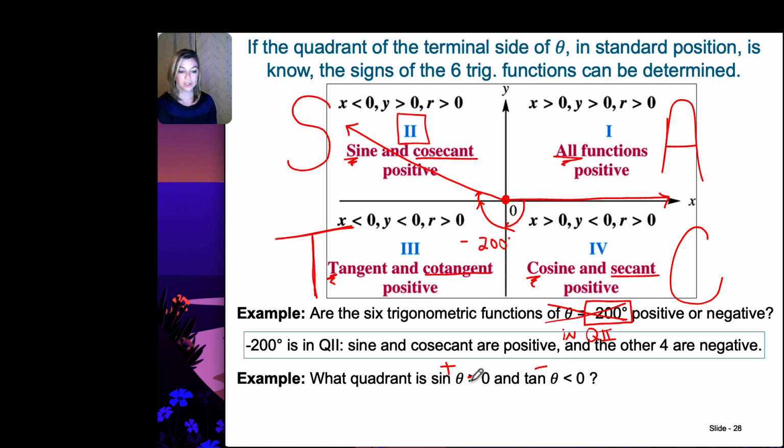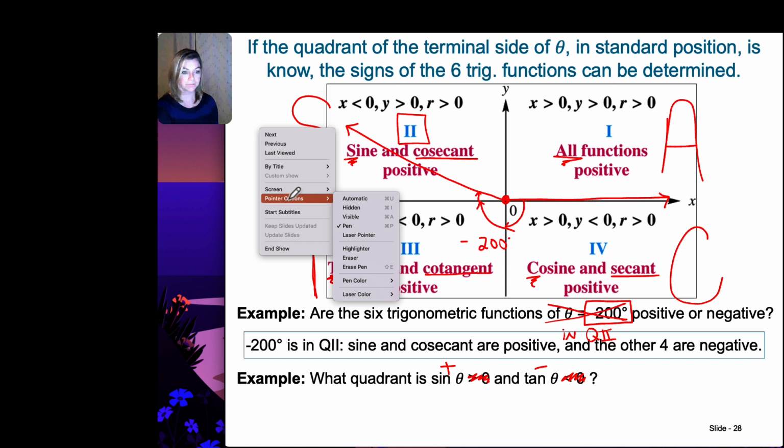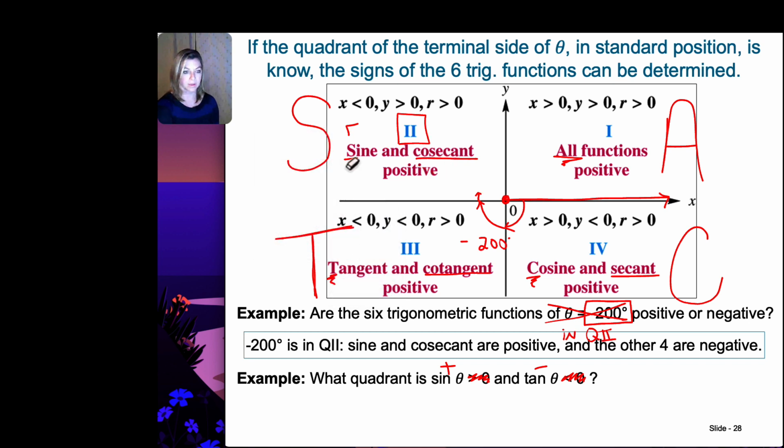So now my question reads, what quadrant is sine positive and tangent negative? Okay, I'm going to erase a lot of this stuff. Okay, so we're being asked to identify the quadrant. So our answer is going to be either quadrant 1, quadrant 2, quadrant 3, or quadrant 4.